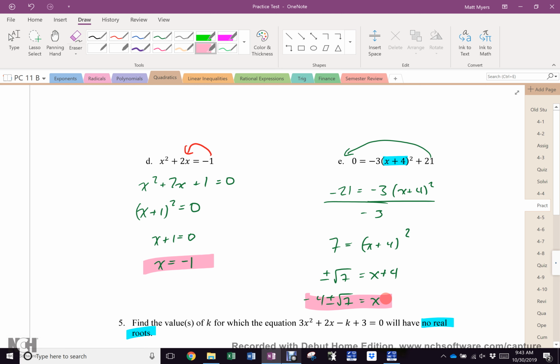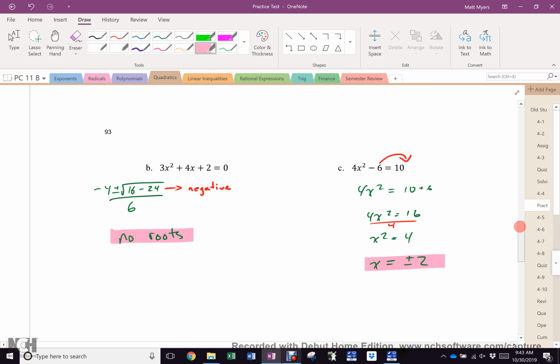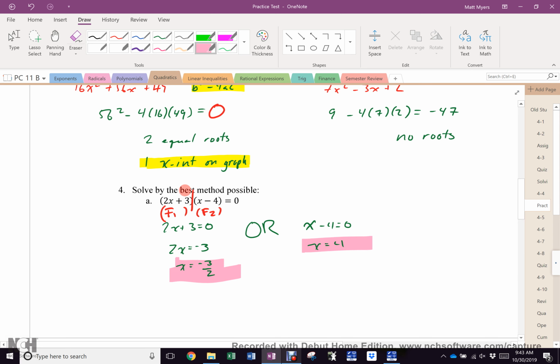Now, could you have expanded all of these and used the quadratic formula? Is that allowed? Yes. Why then did I say best method possible? Because you should have all 3 in your math arsenal so you can save yourself some time.